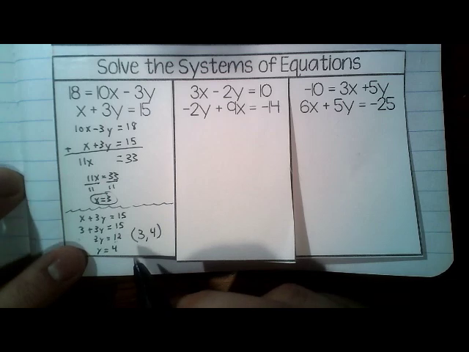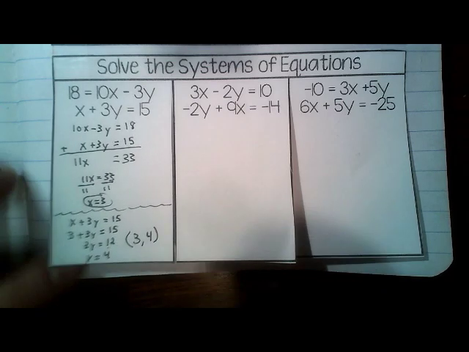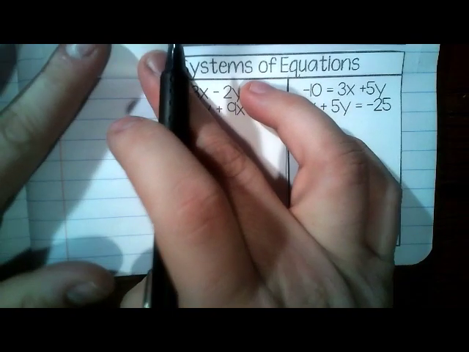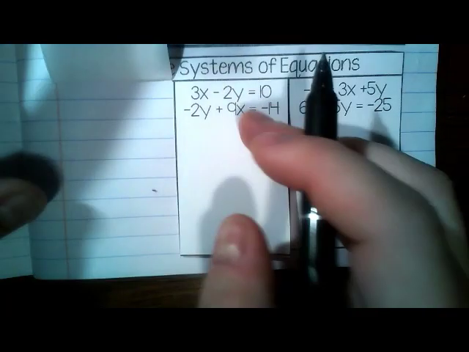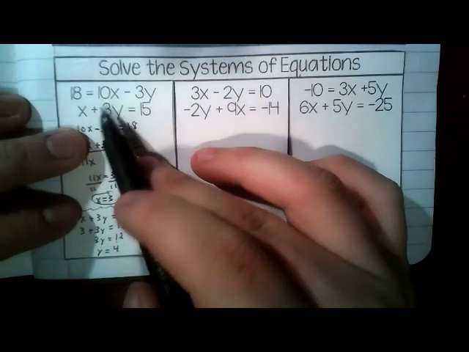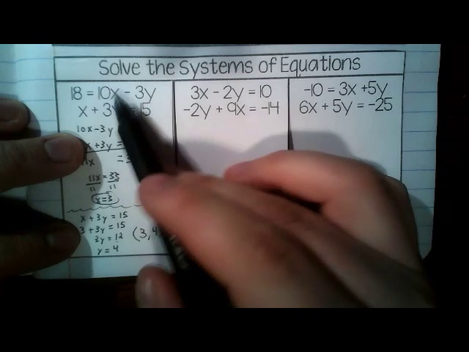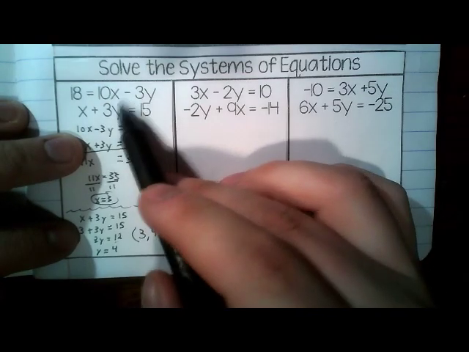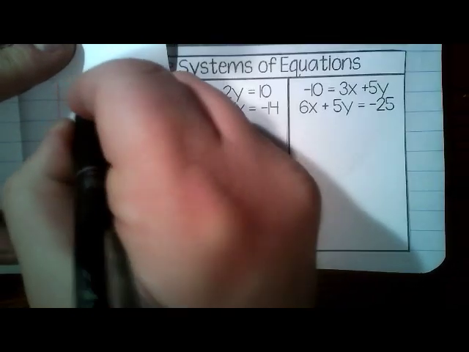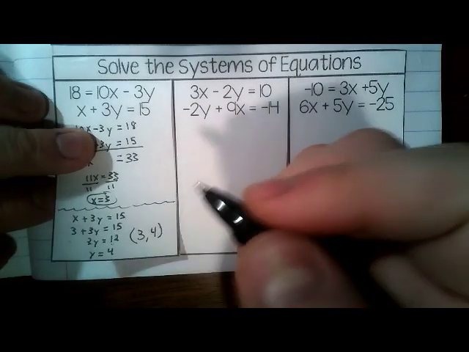And I'm going to flip this up now, crease. Okay. And I'm going to check 3 and 4 for both of these original equations. So the first one is 18 equals 10x minus 3y.